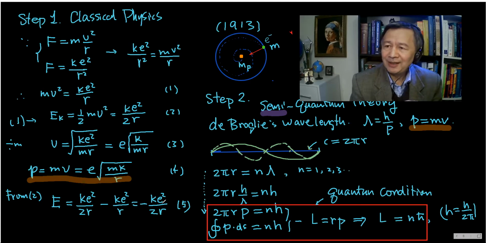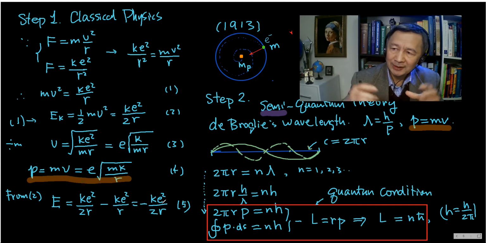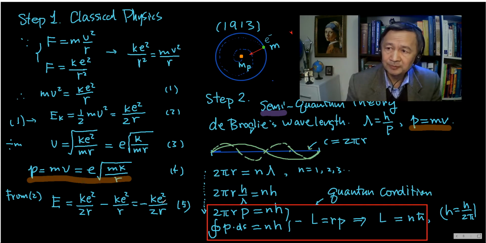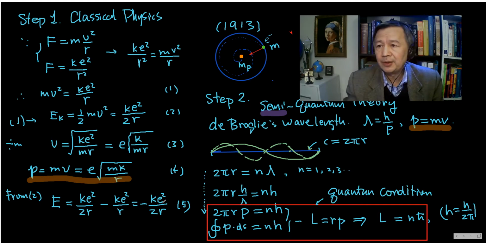Of course, in Bohr's theory, there is a lot of emphasis on the orbit, because, looking backward in perspective, Bohr's idea is based on a visible model, in which you can actually see the electron orbit the center, the nucleus, the proton in this case.